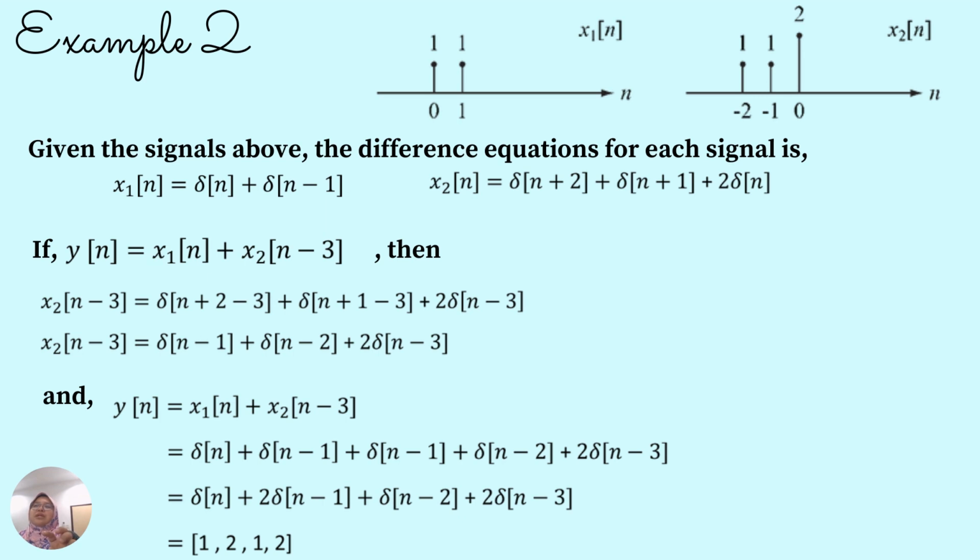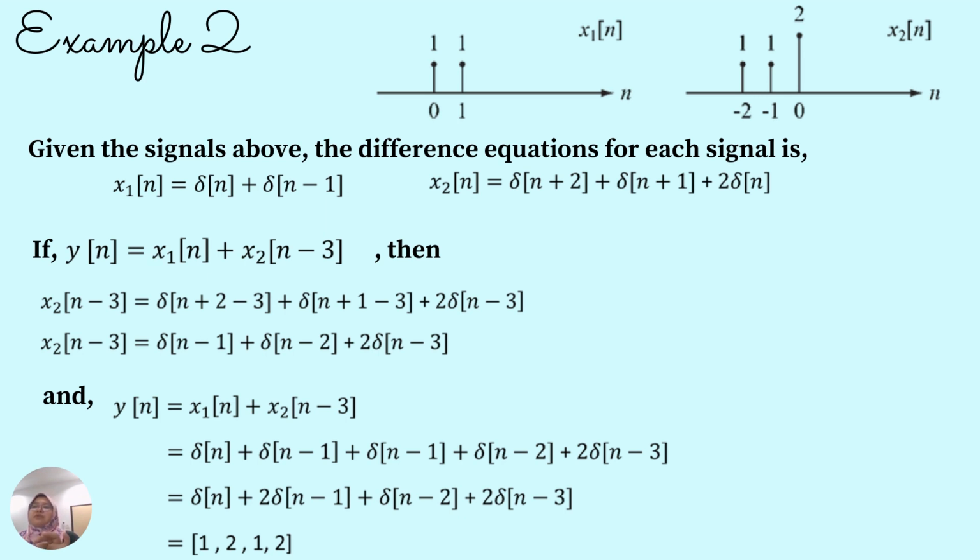Okay, so maknanya x2n kita kena delay dia 3 unit. Okay, 3 unit. So what you have to do is, bila x2n minus 3, so daripada signal asal tadi tu, semua yang dalam n tu, you minuskan 3.